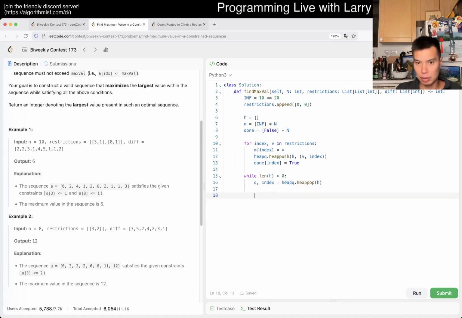Yeah, okay, fine. And just go left or go right, right? So there's an index, so to go right is going to be diff index.